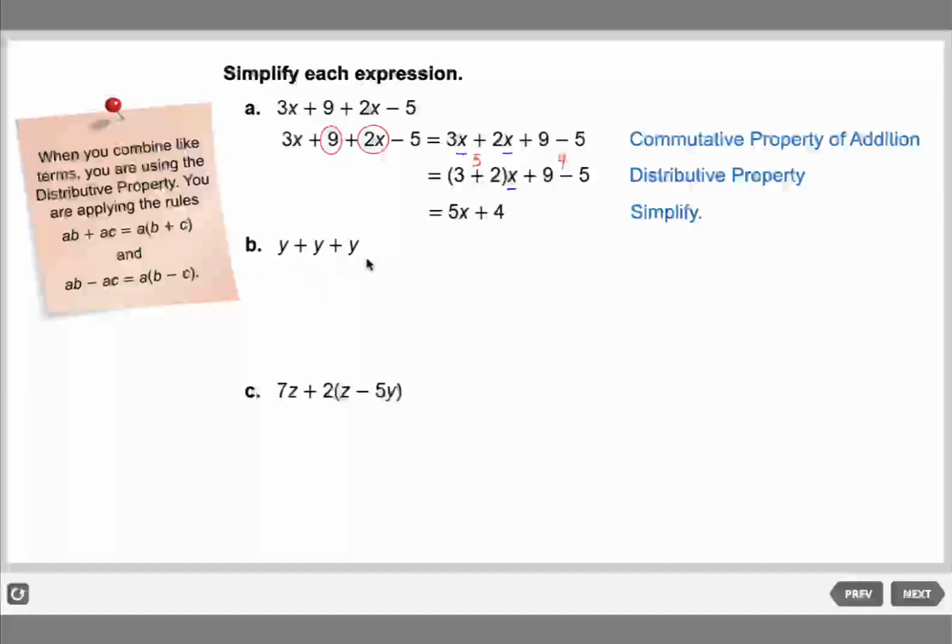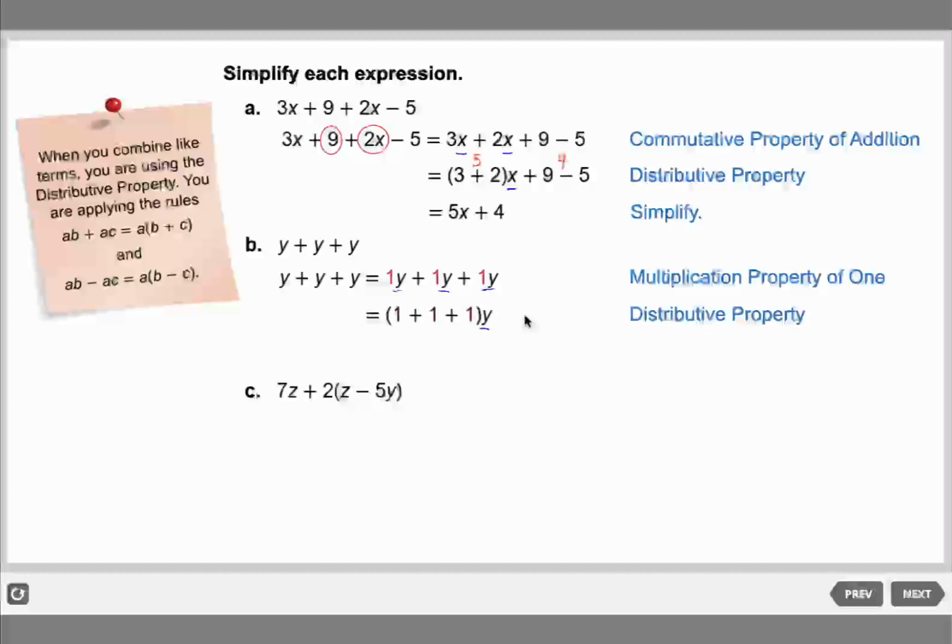y plus y plus y. These are like terms? Yes, of course. So we can use, remember multiplication by 1? So this is 1y, and this is 1y, and this is 1y. So now, how many y's do you have? 1 plus 1 plus 1 times y.